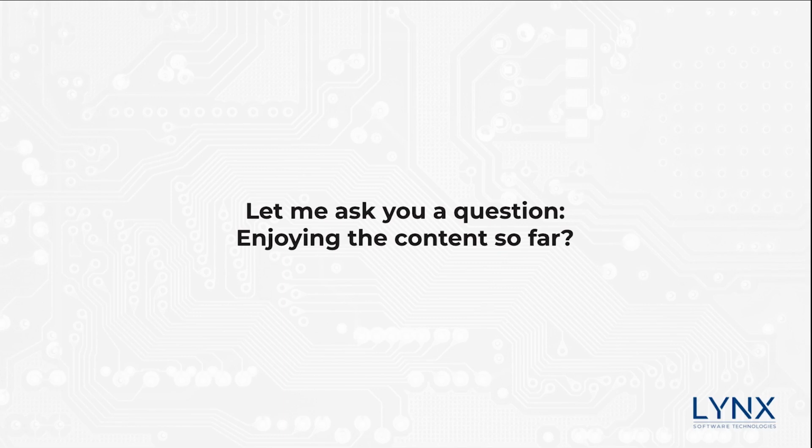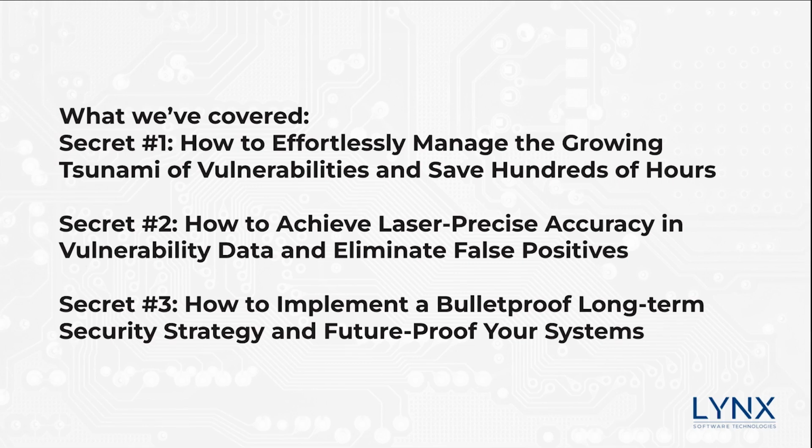Let me ask you a question. Are you enjoying the content so far? In the last 35 minutes or so, we've covered the 3 secrets. You discovered how you can use Vigilus to turn your vulnerability management from a nightmare into a streamlined automated process, saving you hundreds of hours and drastically reducing manual effort. You've seen how you can ensure your vulnerability data is pinpoint accurate, eliminating frustrating false positives that waste your time and resources, using our curated vulnerability database to minimize irrelevant alerts.